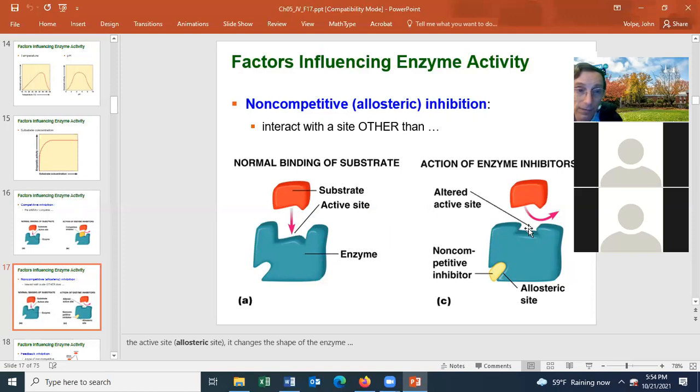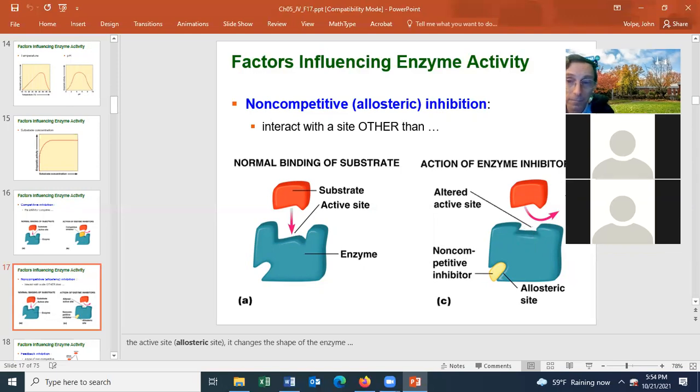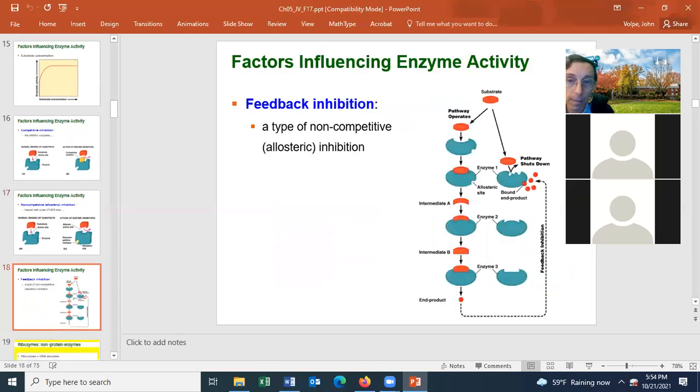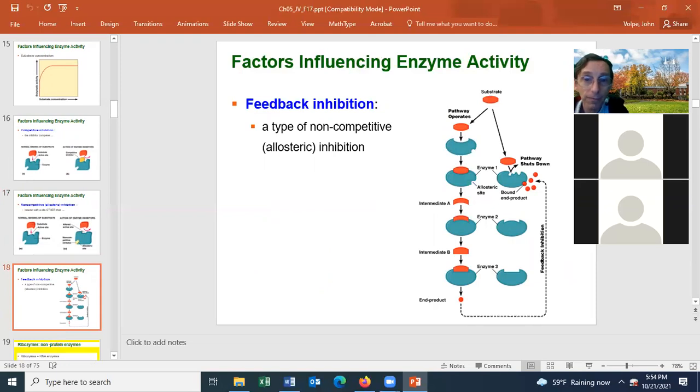Any question about any of that? Feedback inhibition is where we have an enzymatic pathway. Let me blow this up.